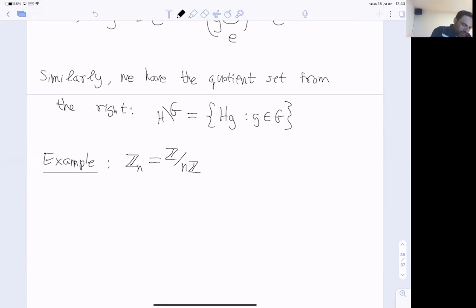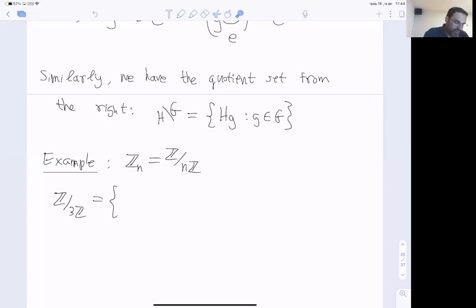Because if we take Z modulo 3Z, what is this quotient set? These are shifts of this subgroup. Both are infinite, but the index is finite. The index is the number of cosets. You can also have infinite index in general, but here the index is finite.